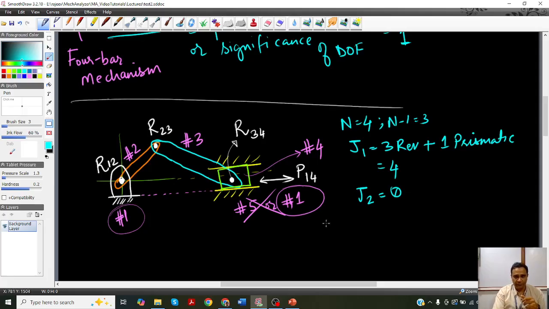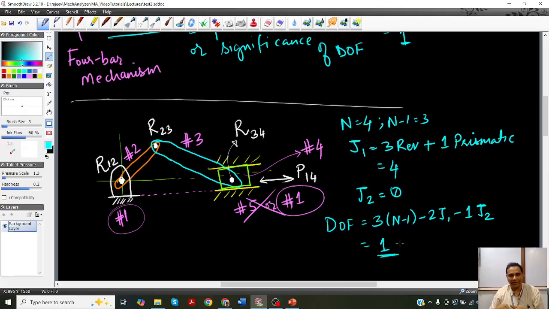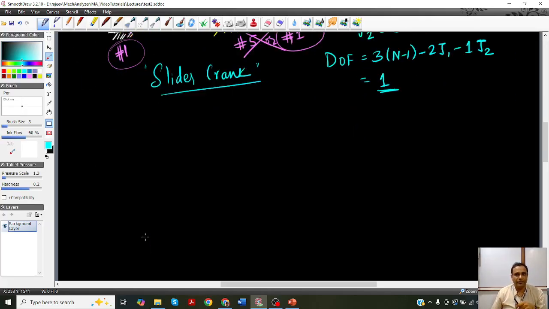So degree of freedom, if you calculate using Grubler's equation, again it will be 3 times n minus 1 minus 2 J1 minus 1 times J2. So again, you do the mathematics similar to the four-bar mechanism. Degree of freedom will be 1 for this particular mechanism. So the name of this mechanism is slider crank. It's a standard mechanism that is there in the textbooks.